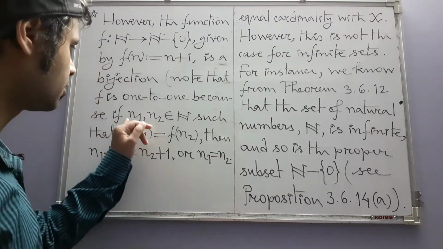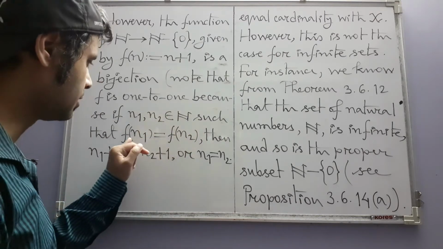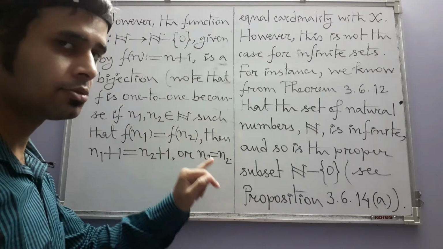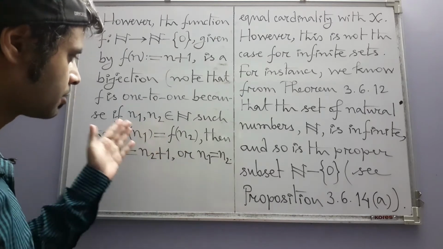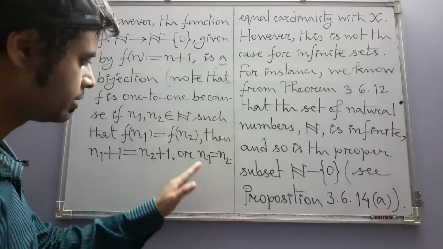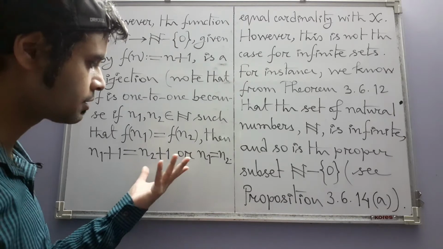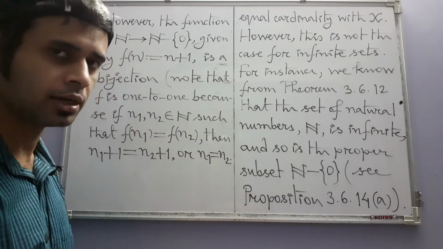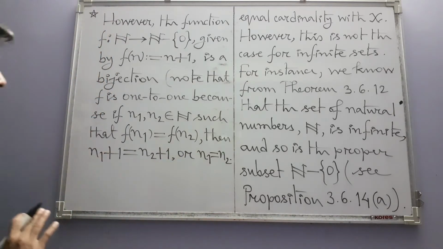That means for two elements in the domain of the function, if the outputs corresponding to those two inputs are equal, then the inputs must also be equal, which is just the condition for one-to-oneness. So that's why this function is one-to-one.